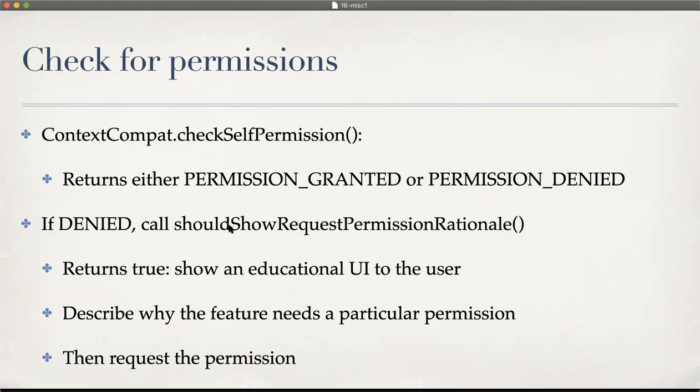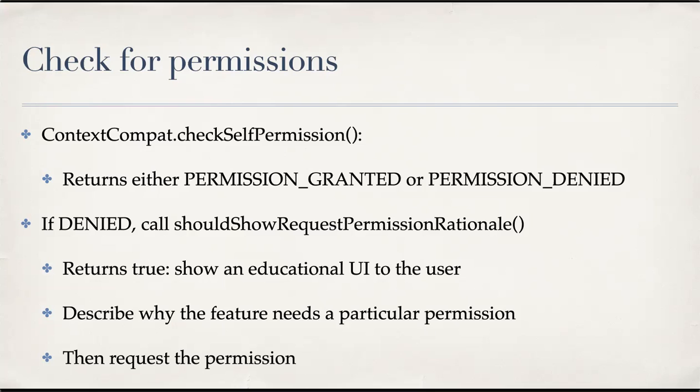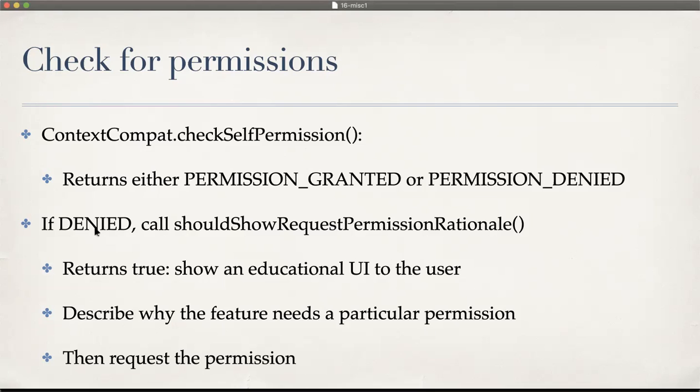If it returns false, don't show the information about this permission, which means the user might have denied it twice in API 30, or similar in the ones before that. But if it returns true, show the user an educational UI which describes why this feature needs a particular permission.